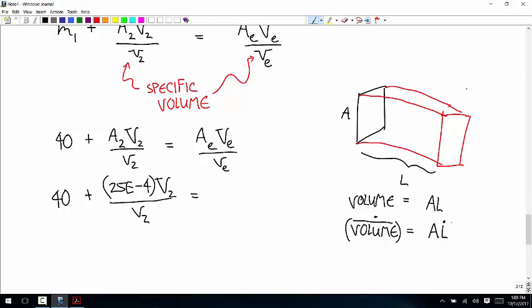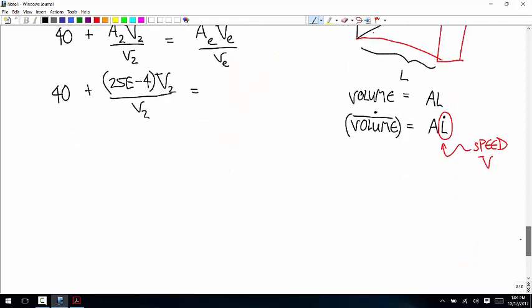So this L dot is the speed, V. So we can write this as, and we know that the volumetric flow rate is 0.06 something meters cubed per second.